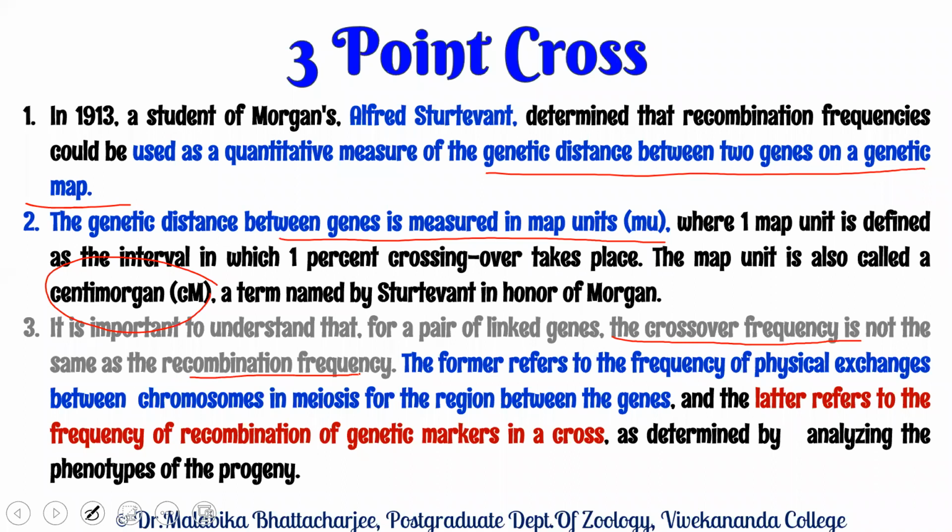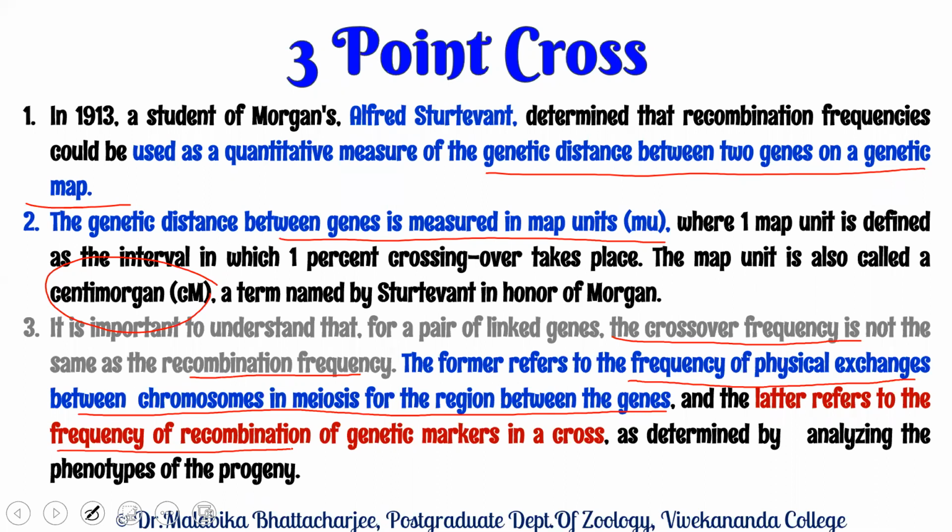The crossover frequency is the frequency of physical exchanges between chromosomes in meiosis for the region between the genes, formed by the formation of chiasma, while the recombination frequency refers to the frequency of recombination occurring between genetic markers in a cross.